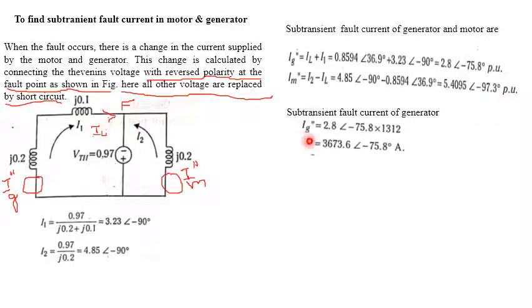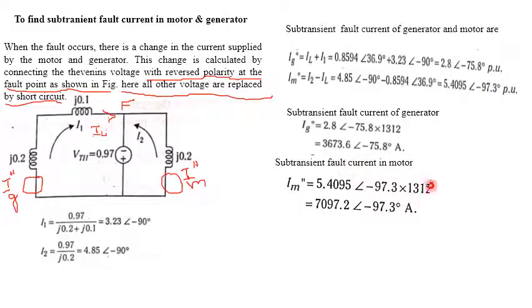Ig double dash is the subtransient fault current across the generator. The actual value, we already have the base, that's 1312. And the subtransient fault current in the motor we have got, this is 5.409 at an angle of minus 97, which is also multiplied by the base value 1312. Now we have to calculate the subtransient fault current at the fault point.